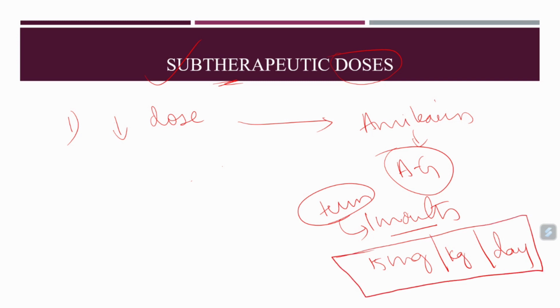Everybody should concentrate. Amikacin is a very important narrow therapeutic drug, and it has many lethal adverse effects also. So for this aminoglycoside, the standard dose for a 1 month baby is 15 mg per kg per day.